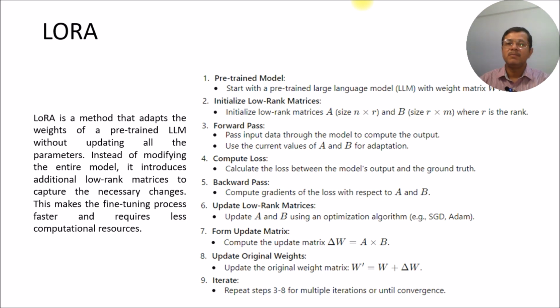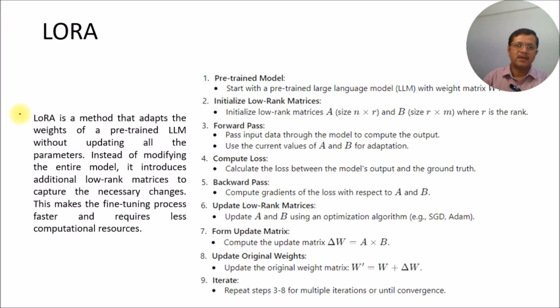That's why people prefer to use some quantizations or some clever mechanism to do this in such a way that we compromise a little on quality. Low rank adaptation is a similar kind of technique.